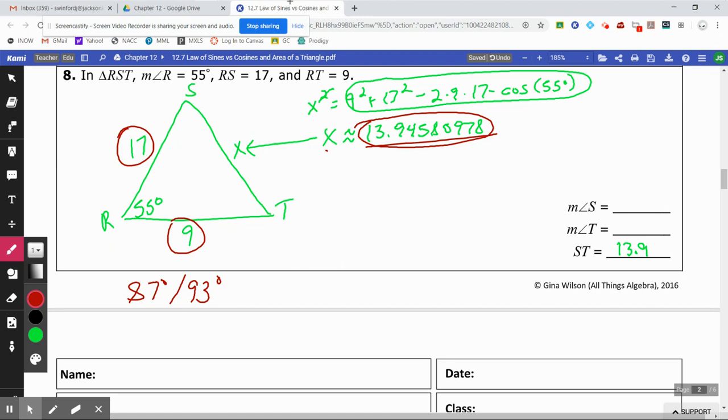So I'm going to go back and work this same problem using the law of cosines. And we'll say, for the sake of doing this problem, that we're looking for angle T here.